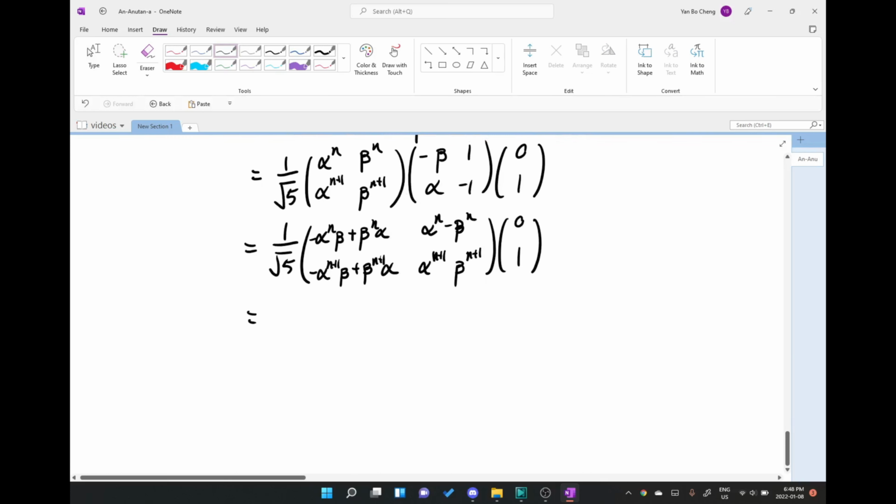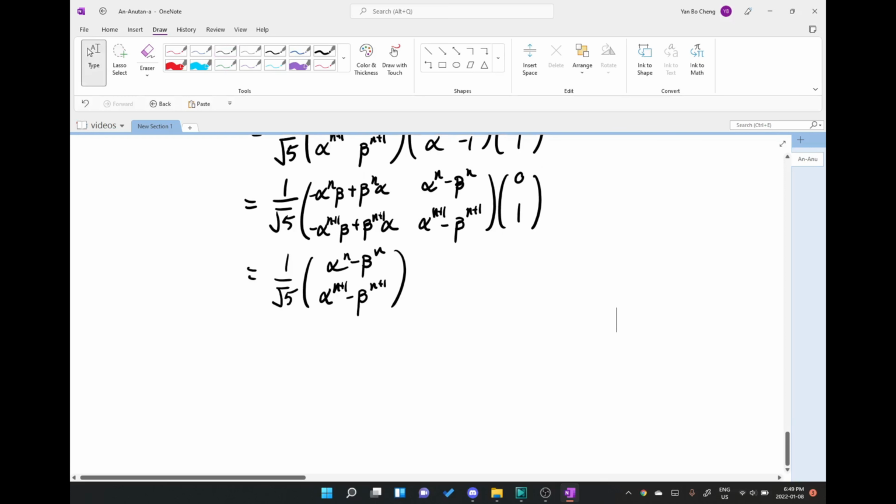And 1 over root 5, alpha^n minus beta^n, alpha^(n+1) minus beta^(n+1) after multiplying it out.